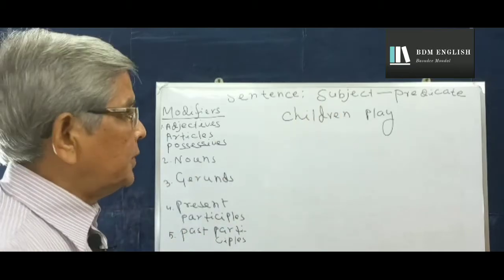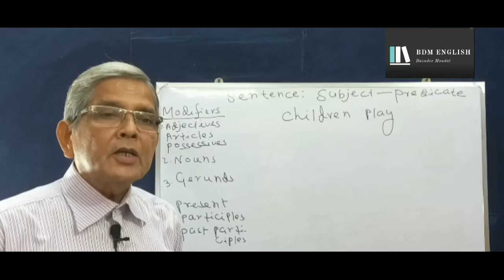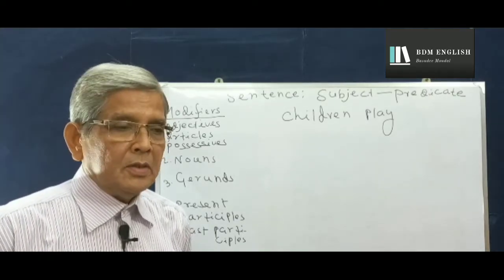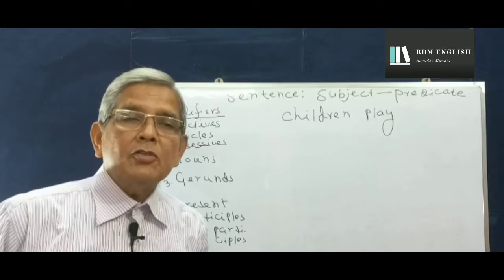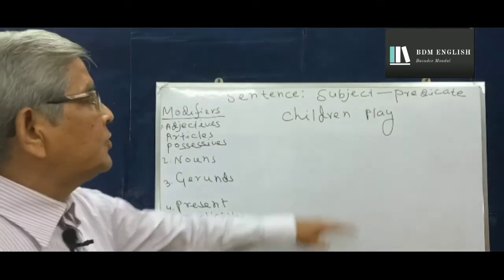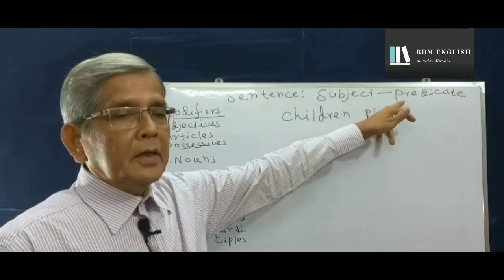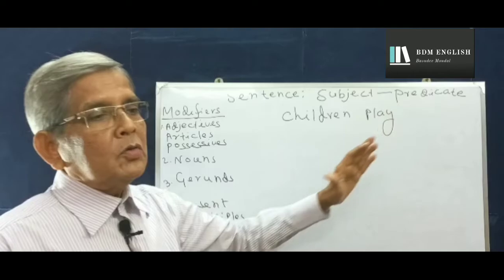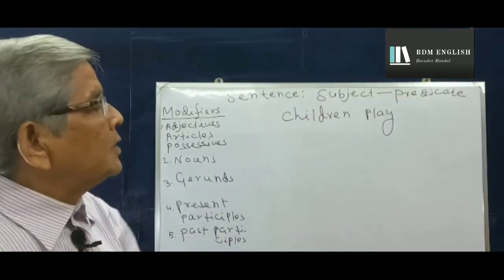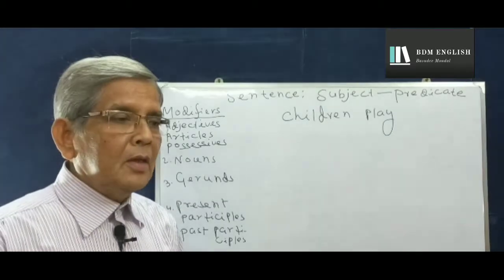After choosing the subject, we proceed to the next part of the sentence, to complete the sentence so that it can express a clear and complete meaning. What we say about the subject is our predicate. About whom or what we say something is our subject, and what we say about the subject is the predicate.